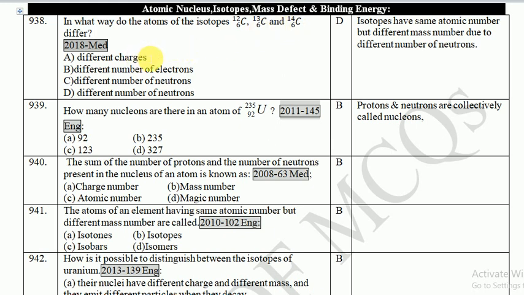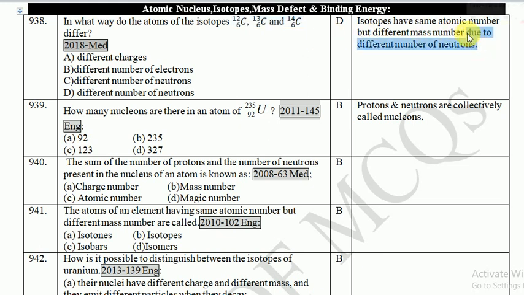Option A is different charges, different number of electrons, different number of neutrons and different number of electrons. If we observe, the given are three isotopes of carbon. We know that they have the same atomic number but different mass number.